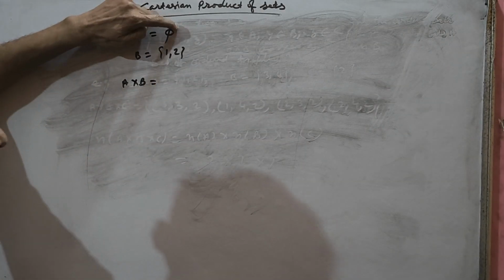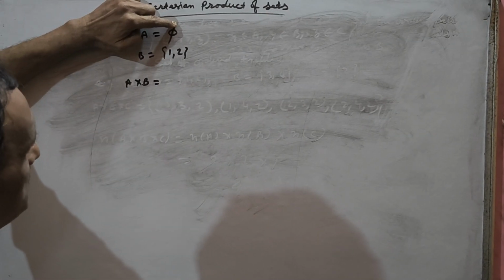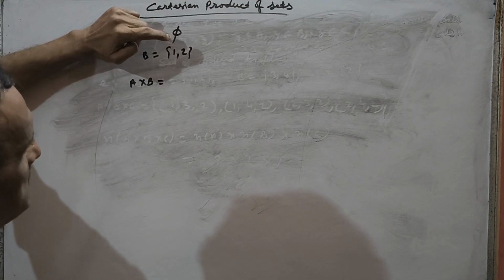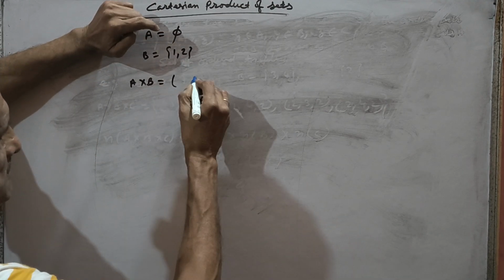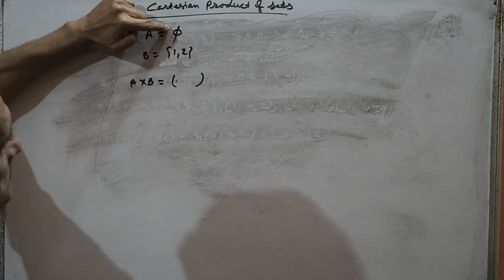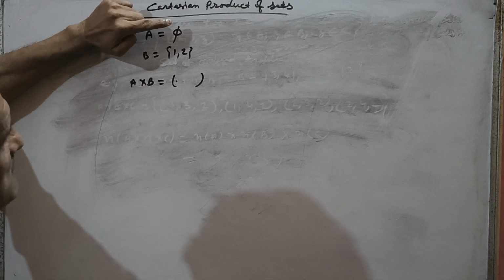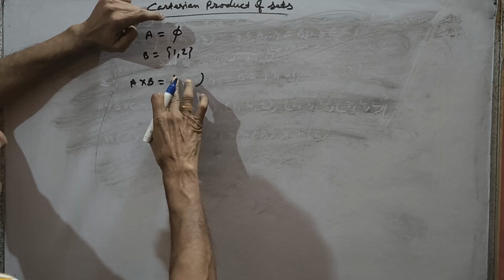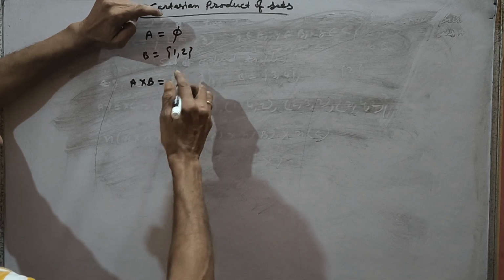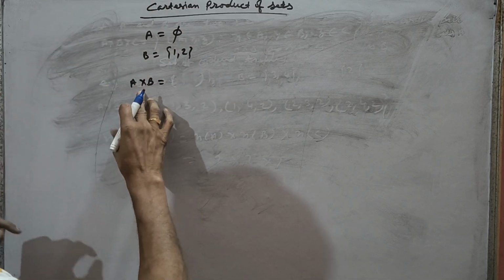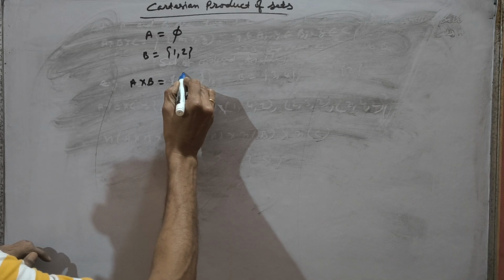If you try to form the ordered pair, you will not get any ordered pair because there is no element in the first set A. The first component of all the ordered pairs should be an element of the first set, but since the first set has no element, we will not get any ordered pair. So no element will be there in A cross B. So A cross B equals the null set (phi).